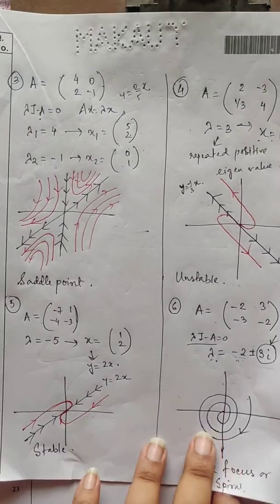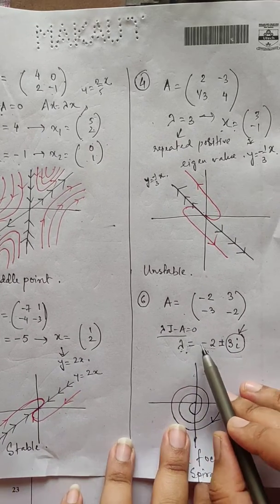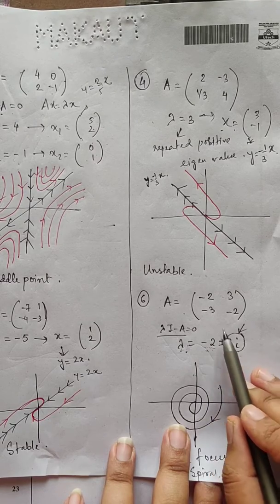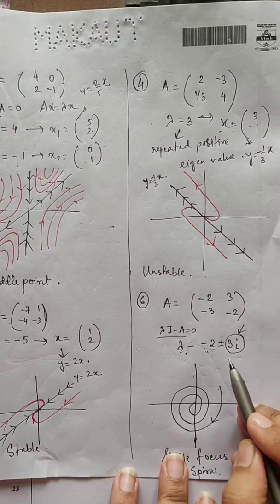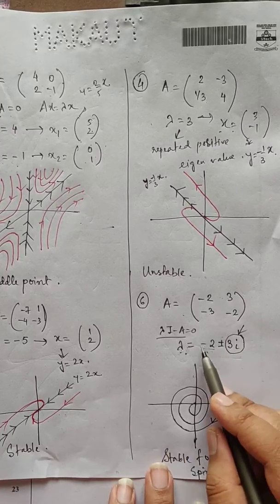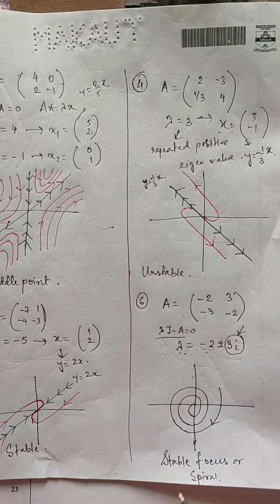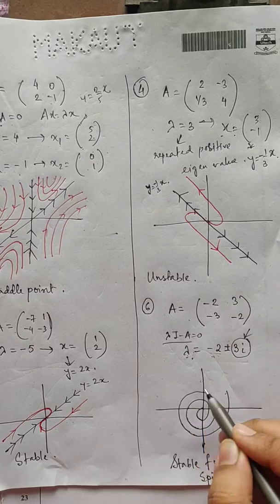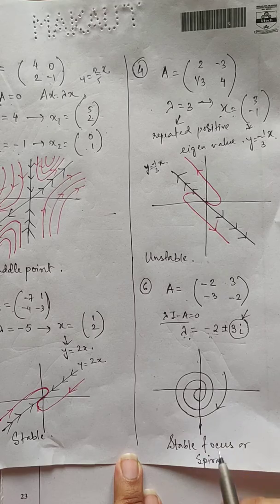Previously we were already discussing this particular case, when the system matrix gave lambda equals -2 as the real portion and plus/minus 3i, a complex conjugate, which indicates that the trajectory will be spiral in nature, and because of this -2 it will exponentially decay, meaning it will converge to the origin. So we had trajectories in this way, and the name of the equilibrium point for this case will be stable focus or spiral.